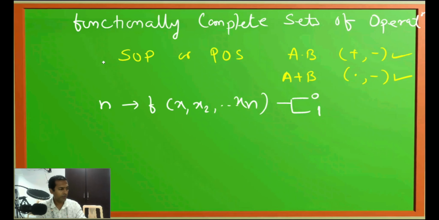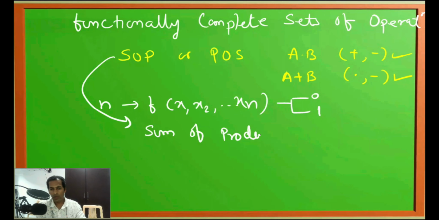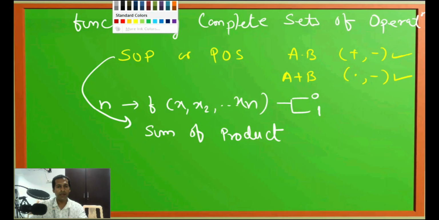So first form, say we are using SOP form, that is sum of product form. Sum of product we have already discussed. In sum of product, this is also called as DNF.